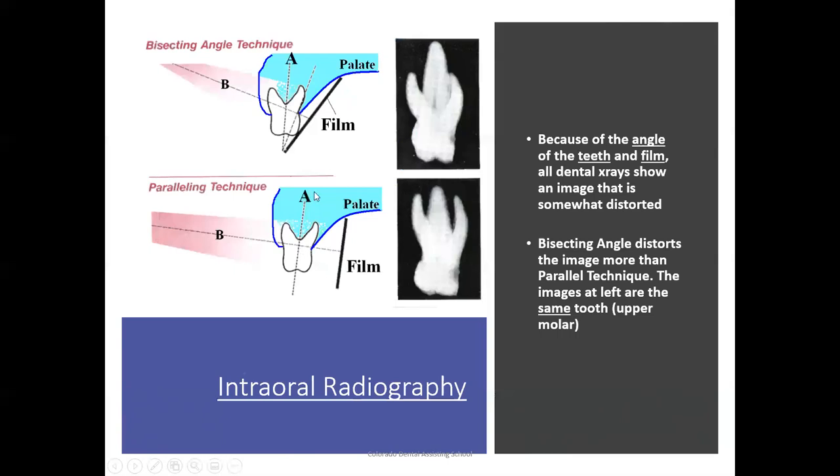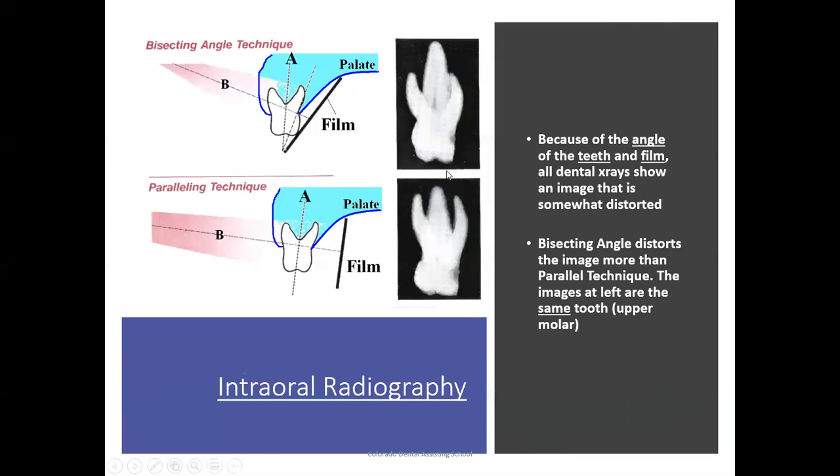A lot of times we'll have a patient with a lot smaller and shorter palate, so we can't get the x-ray sensor all the way in for it to be parallel, and we have no choice but to do a bisecting angle technique. That is okay. The reason we have these 2 different techniques is so we can open what's called in between the furcations, which is in between these root surfaces.